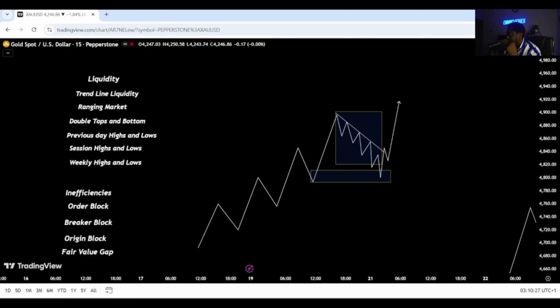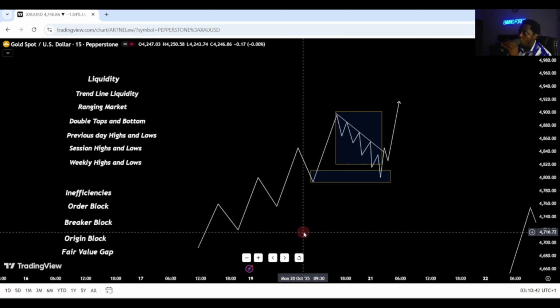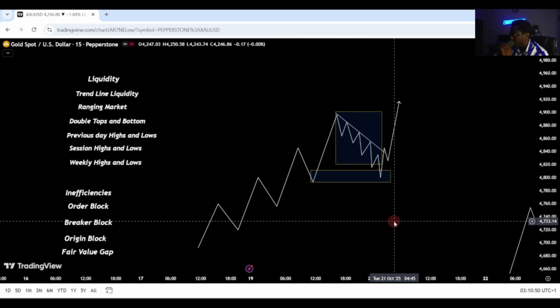If you take a loss yesterday, it does not mean that you might take a loss today. So you must treat each day as a plain new book. If you come to the chart by 5 a.m., by then you must have gotten the Asia high and the low.